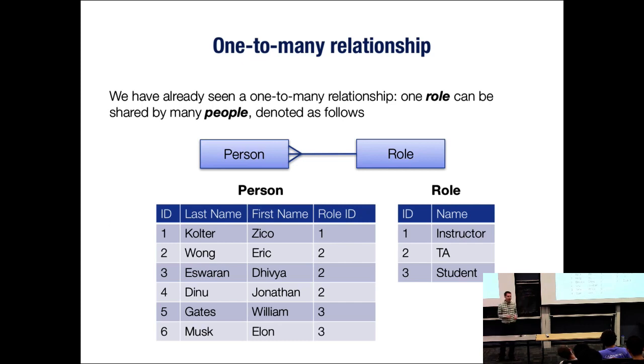But if you see lines like this in a big, enormous sheet of different tables, which is often how they're written when someone gives you a schema for a database, what this means is that there's an ID for the role, and then there's going to be a linking ID in the person table, but there can be multiple entries here that all share the same role. So the converse, of course, would be that the person-role relationship would be many-to-one. That's just depending on which one you say first. It's either one-to-many or many-to-one, but they're the same thing.